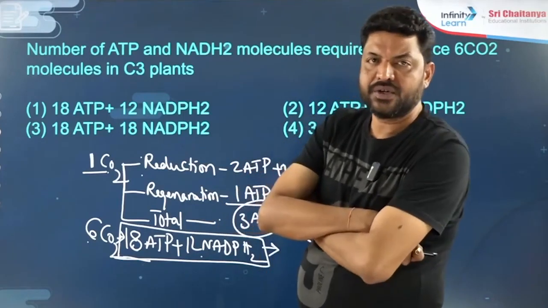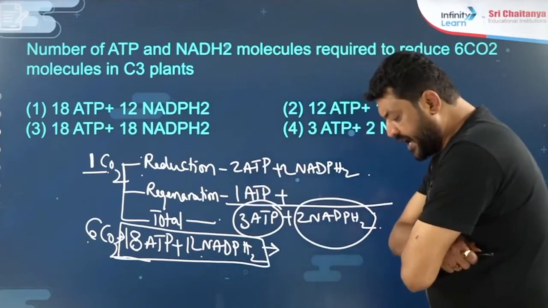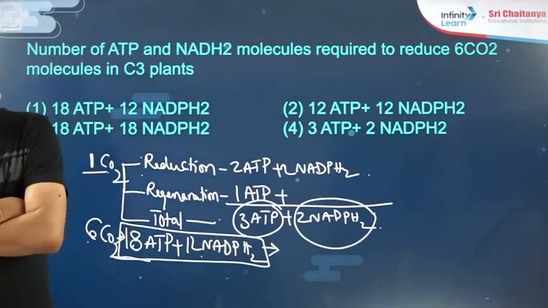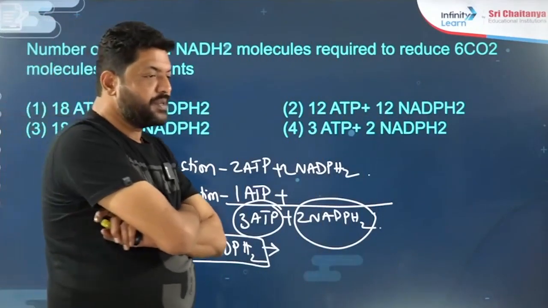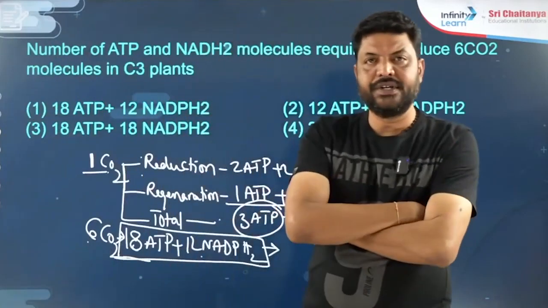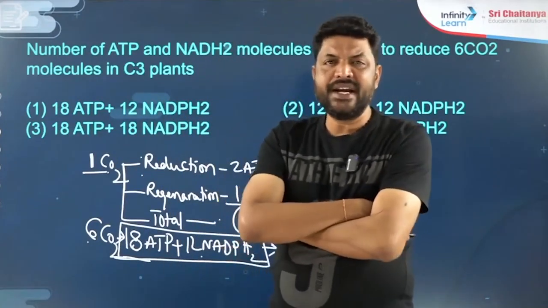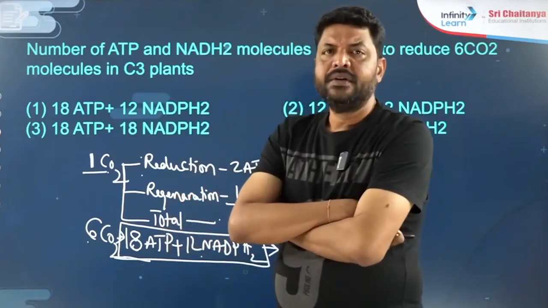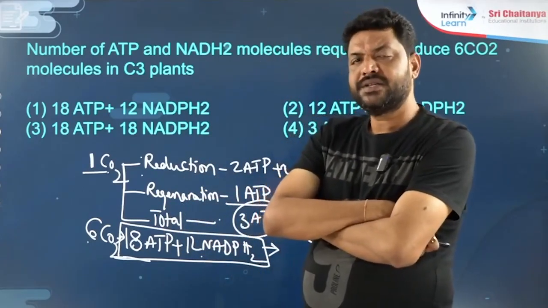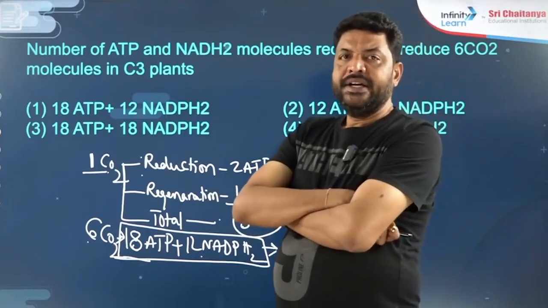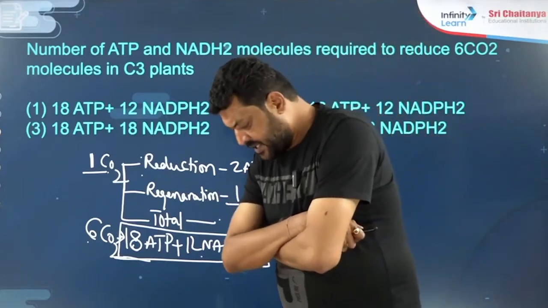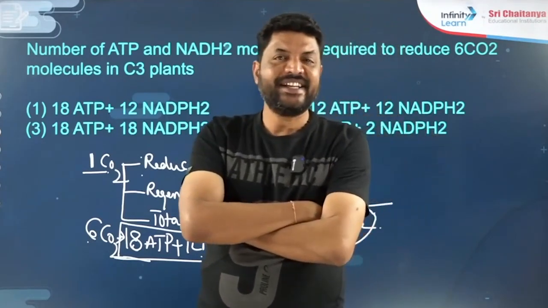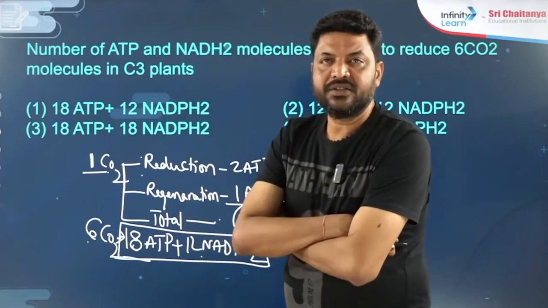So the dark reaction first takes place, then it is interrupted after some short time. Till the moment the total ATP and NADPH2 available in the system is used up, then the dark reaction will stop. And in Sri Chaitanya, last year long-term students, we do have one question that is also again beautiful. What is that question?